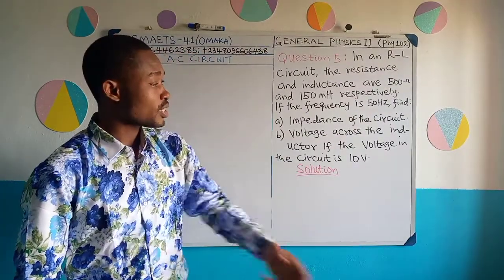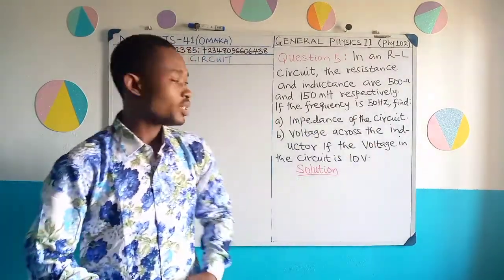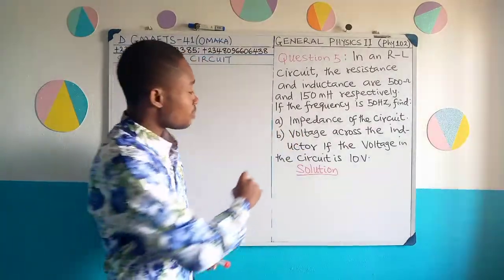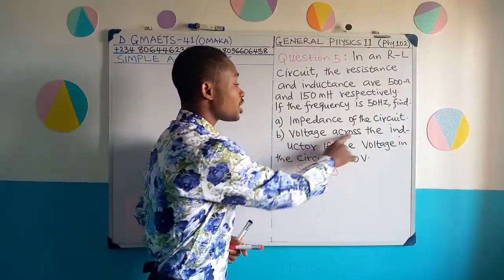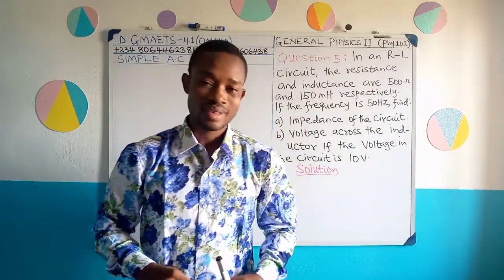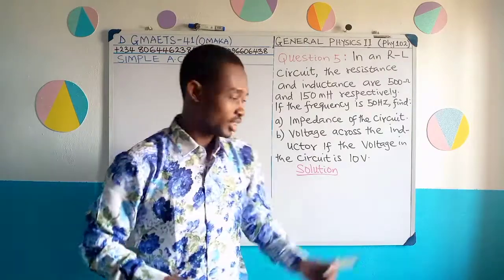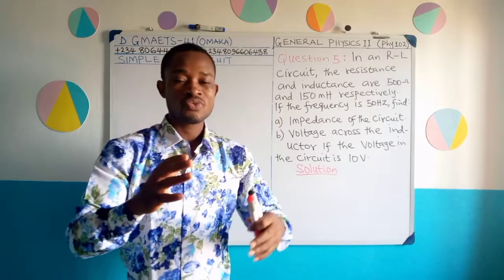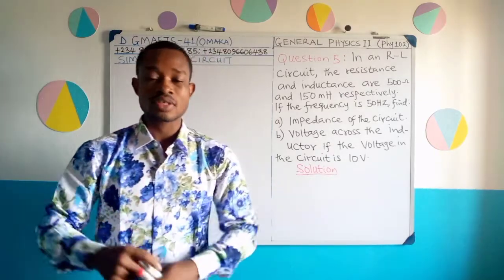If the frequency is 50 Hz, find the impedance of the circuit. That's part A. Then part B of the question, the voltage across the inductor if the voltage in the circuit is 10 volts.